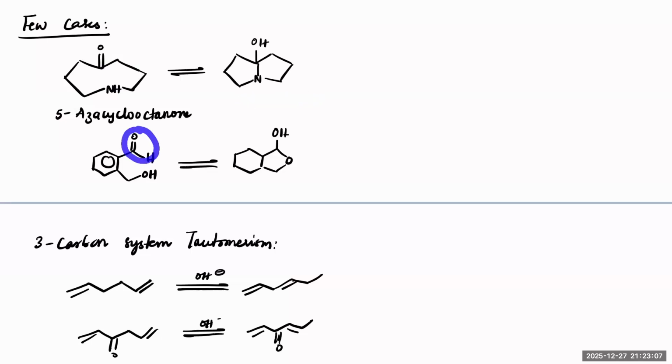Here you can see this is like an aldehyde and an alcohol part. Again, this double bond can be shifted here, and oxygen can be attached here. So what happens? See, this hydrogen has completely shifted here, and this double bond makes a bond with oxygen. So this is also a type of tautomerism.